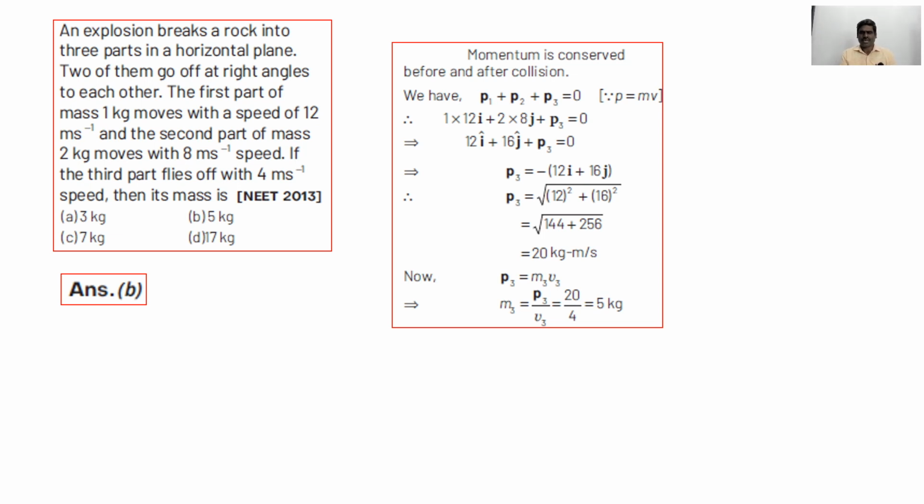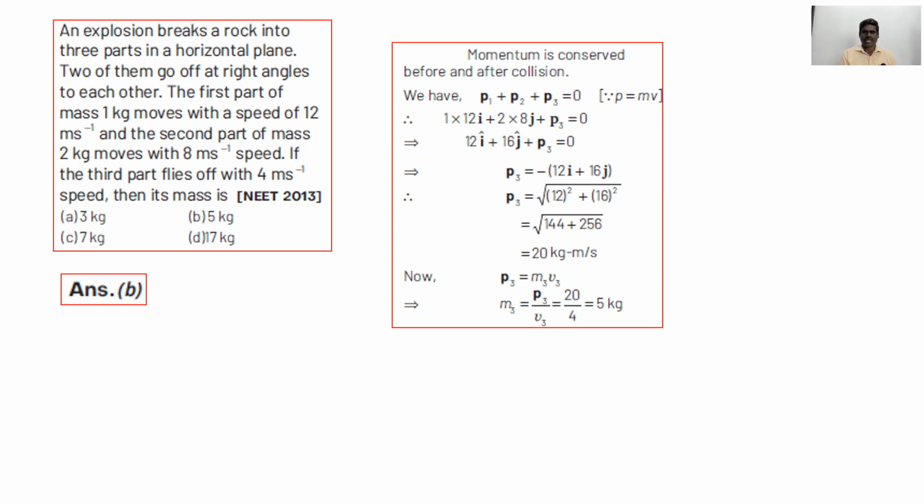First one we assume in the i direction, x-axis. Then mass m equal to 1 kilogram into 12 meter per second along the x-axis, that is 12i, plus the second mass, 2 kilogram, with velocity 8 meter per second along the y-axis.